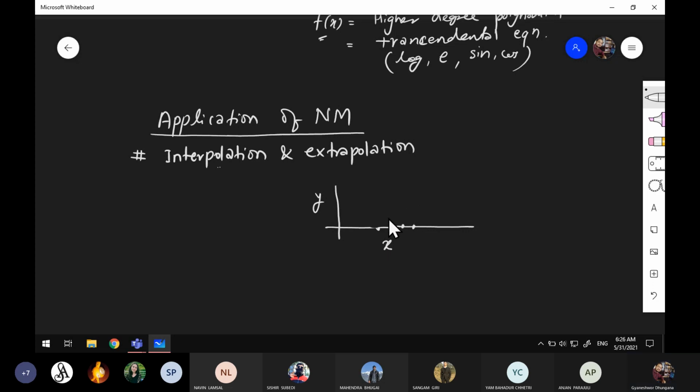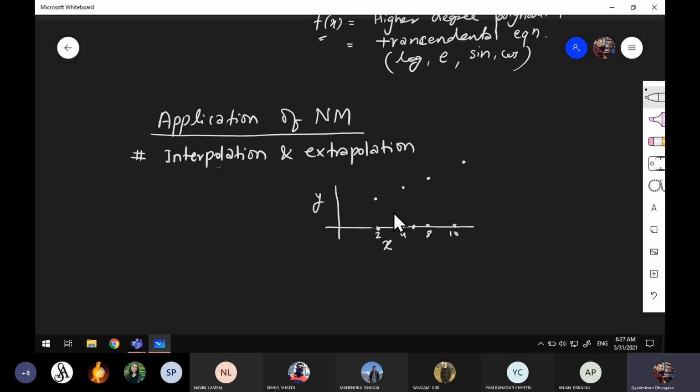So we perform the experiment and select the values of x ourselves, because x is independent. I may choose x as 2, 4, 8, 10, and so on, conduct the experiment, and find the values of y, which depends on x. At 2, I obtain this; at 4, this; at 8, this; at 10, this.